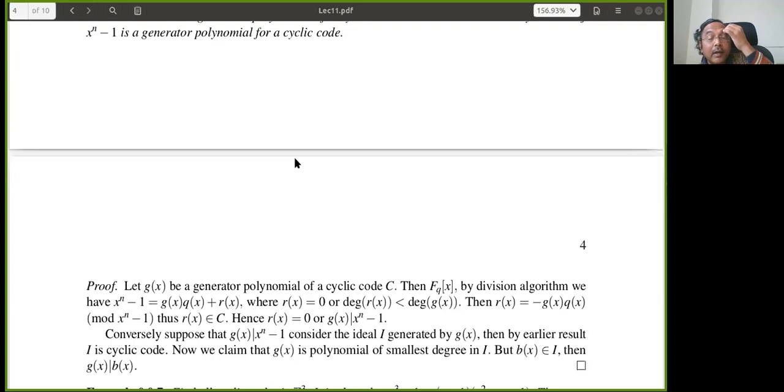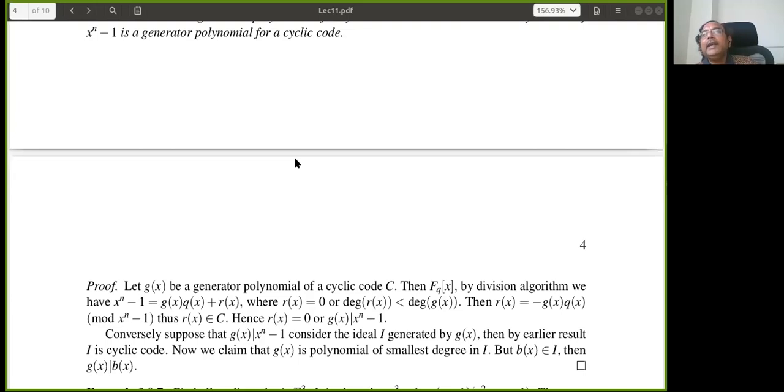That is in general. But now, if I take a linear code, it is a subspace of Fq power n.